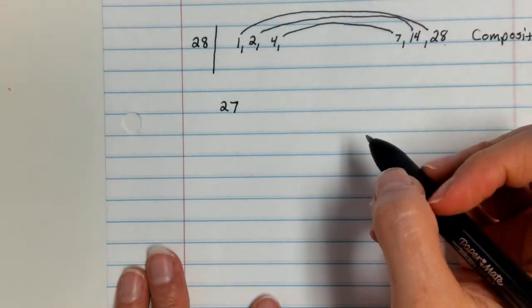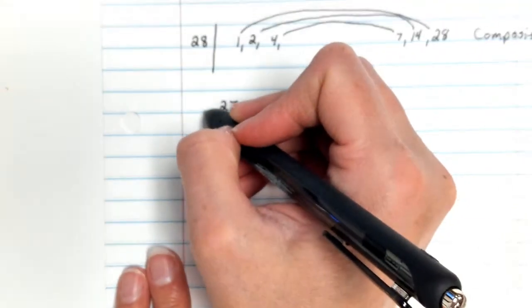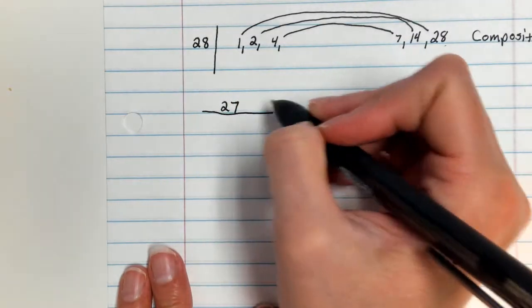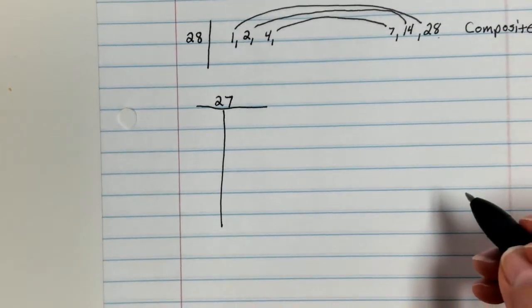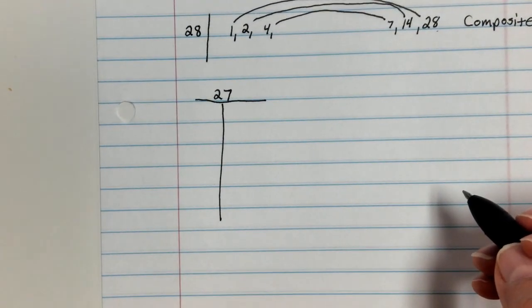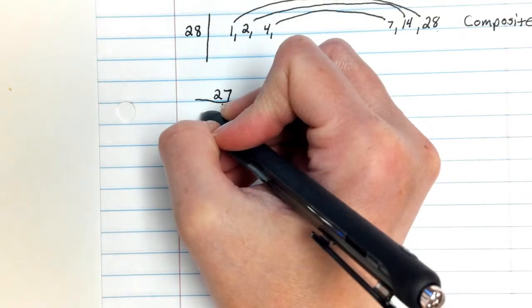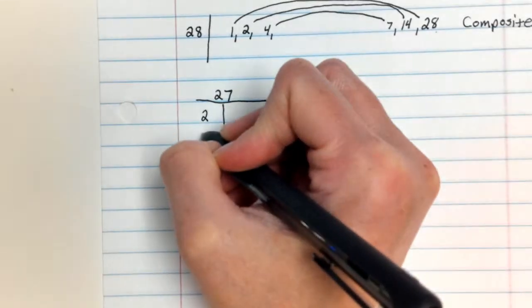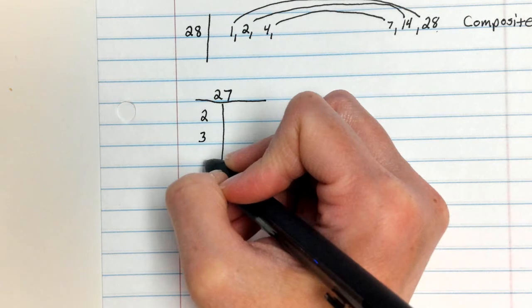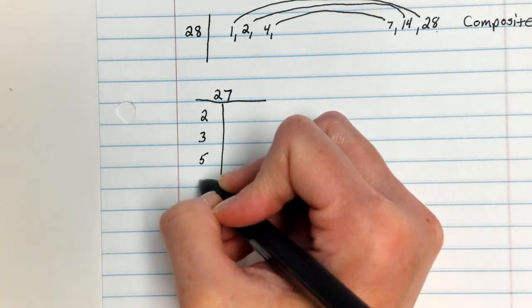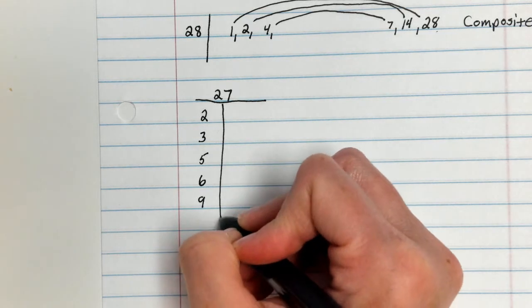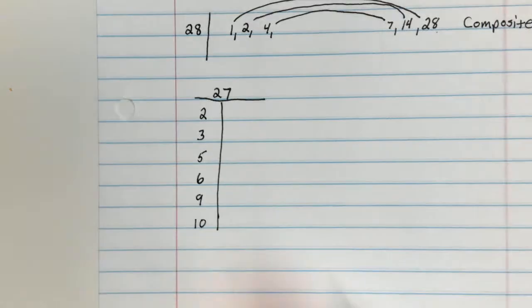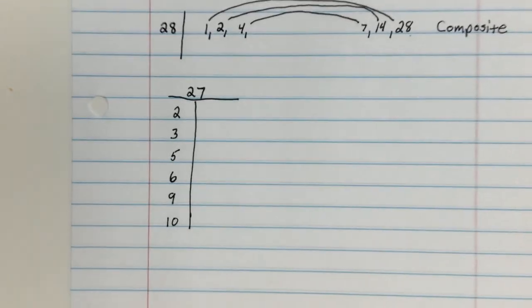We're going to make a little T-chart. You're going to draw a line under the 27, and then you're going to kind of make a big T. All right, and then you're going to write on this side 2, 3, 5, 6, 9, and we're going to do 10 just because y'all are really smart.